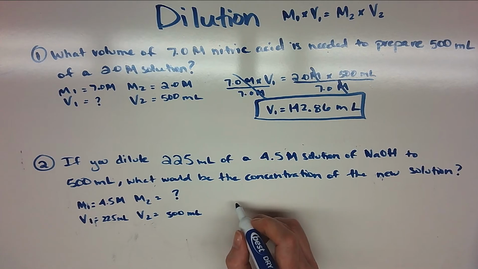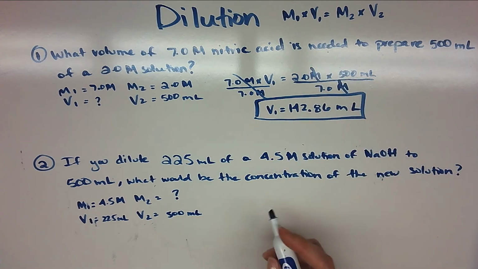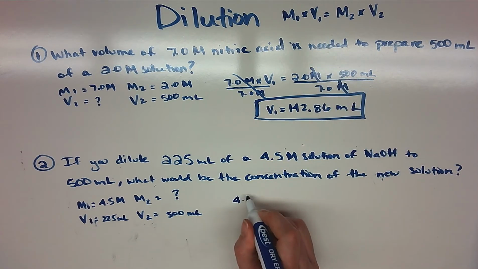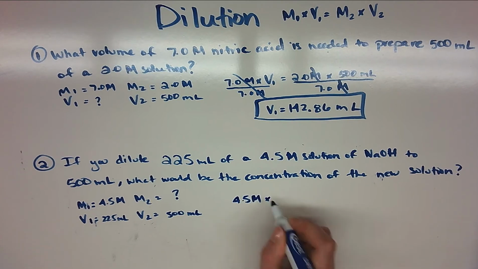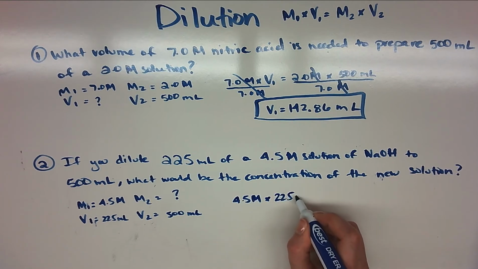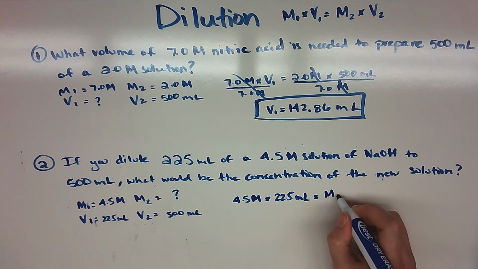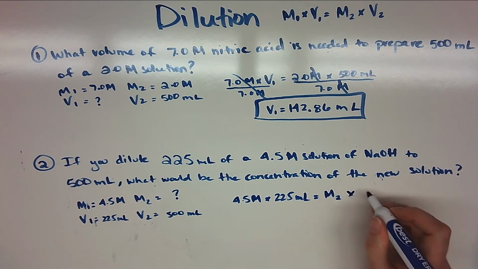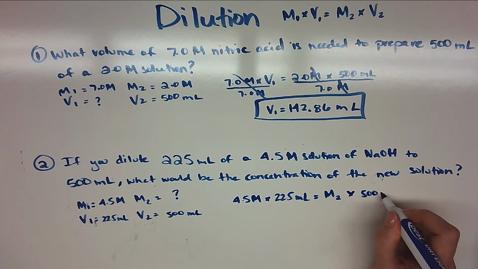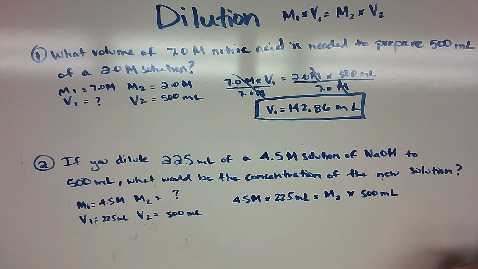So now we're going to plug this into our dilution equation. 4.5 molar times 225 milliliters will be equal to our second molarity times 500 milliliters.